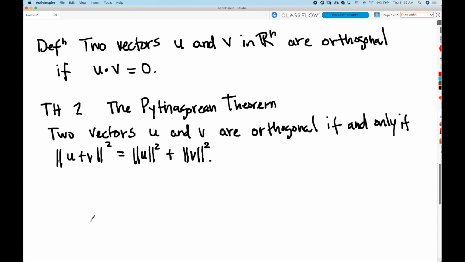So we have a Pythagorean theorem for vectors with orthogonality.